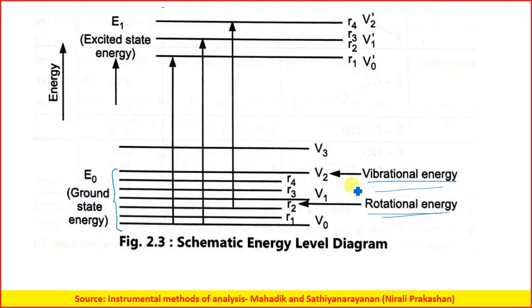So these are the different energy levels. When we excite the electrons, they go to the excited level, that is V2, V1, V0. In this excited level also you have different levels. So this is the schematic energy level diagram.